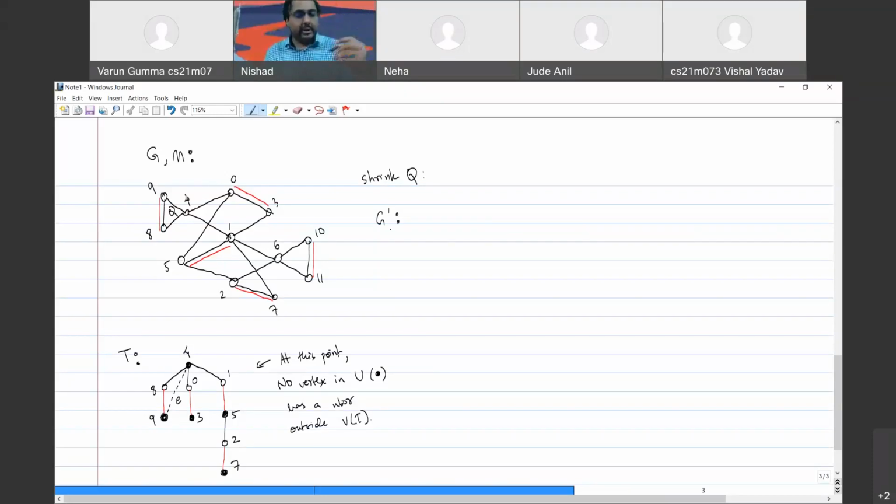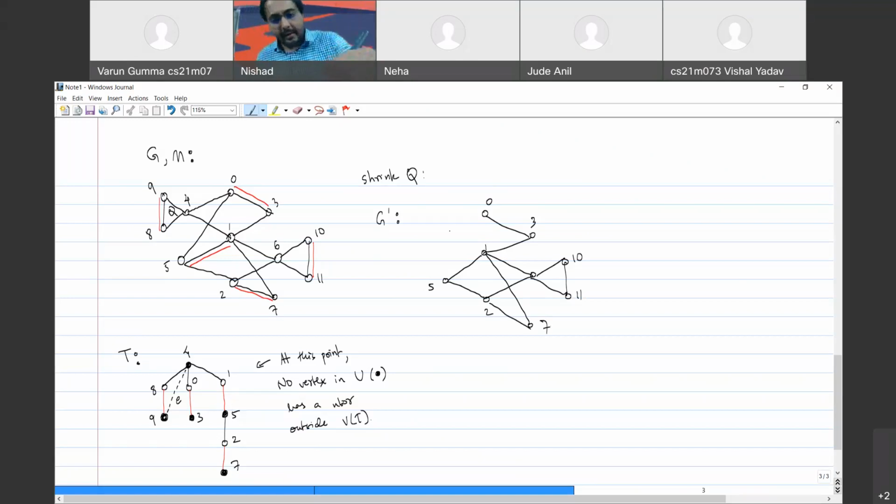So one easy way to draw G prime is to first draw everything that is not in Q and then put the vertex Q, little q. Okay, so let's do that. So we have got 0, 1, 2, we've got 5 here, we've got 6 here, we've got 3 here, we've got 10 and 11, and we have got 7 joining to 1 and 2.